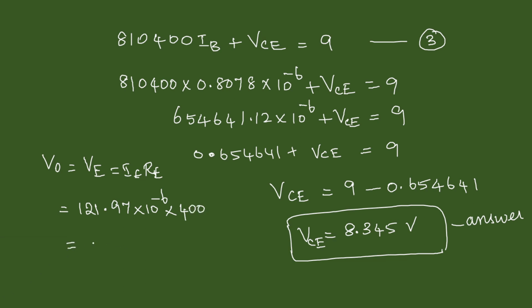This is equal to 48788 into 10 power minus 6. So that is equal to 0.0487 volts. So this is our V naught. So this is another answer we got.